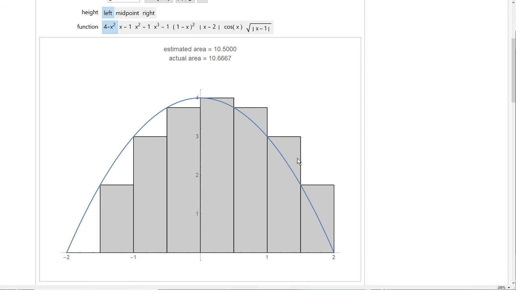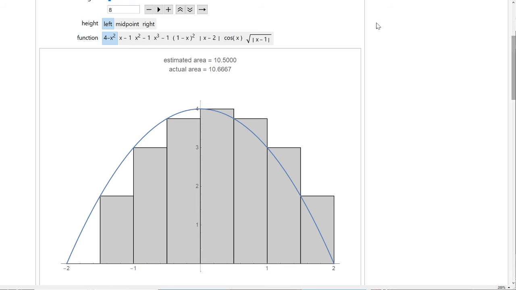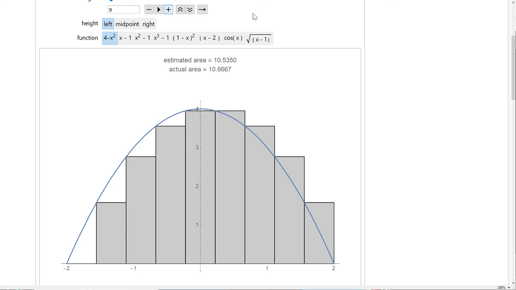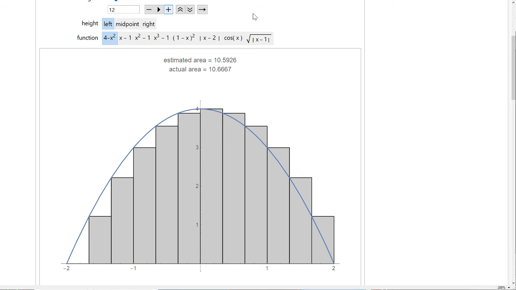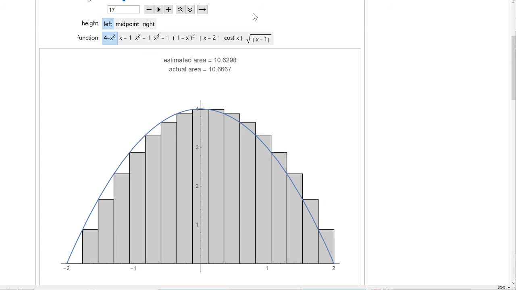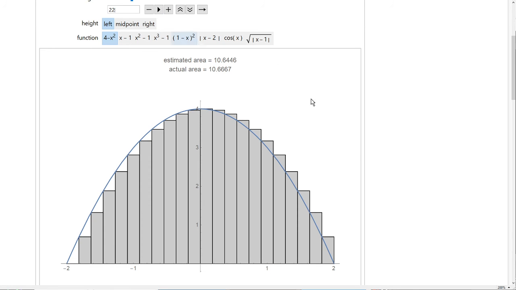And again, look at how much less empty space we have here and less overestimate we have here. And then, if we just keep adding more and more rectangles, you can see that the overestimates get smaller, the underestimates over here get smaller.